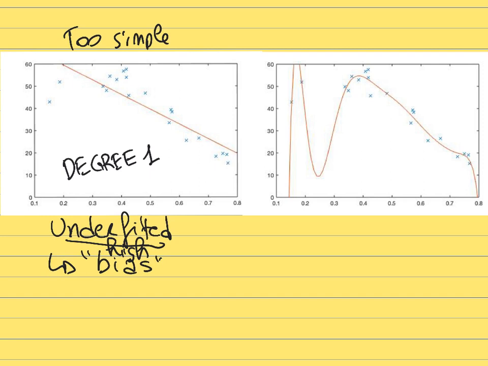So it's biased in the sense that it thinks reality is much simpler than what it actually is. So in that sense, it is biased because it underestimates the complexity of the real relationship between the inputs and the outputs.